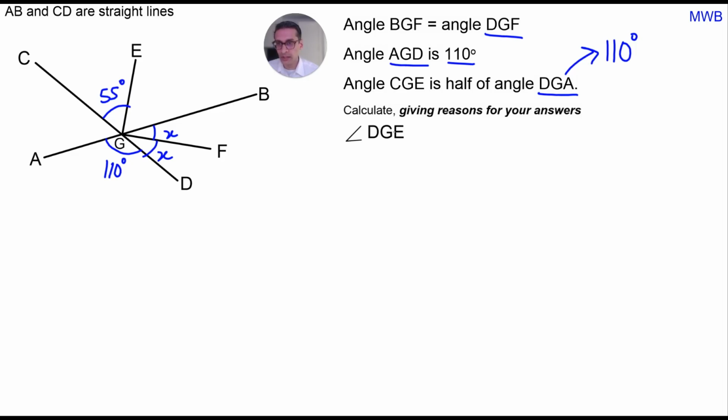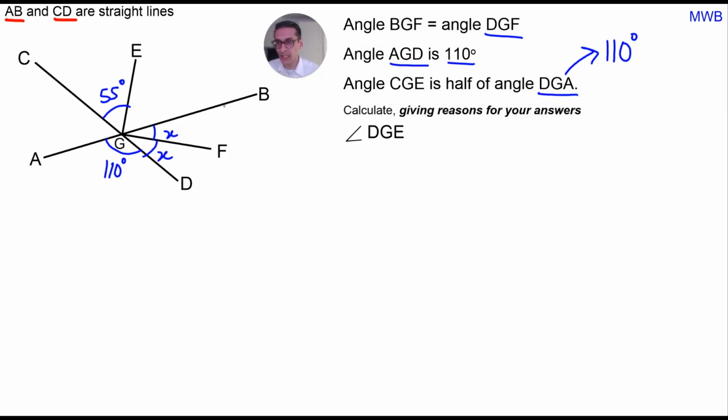So DGE is this angle here. So where's D? There's DGE. So we're going to need to work out these two angles and that one. I've noticed that we don't actually have any information about the other angle there. So there's another piece of information that's important.